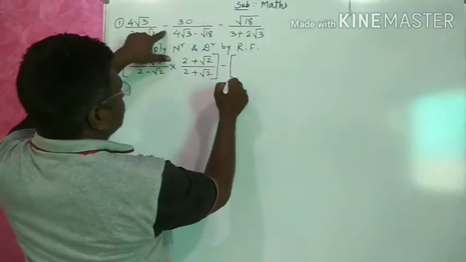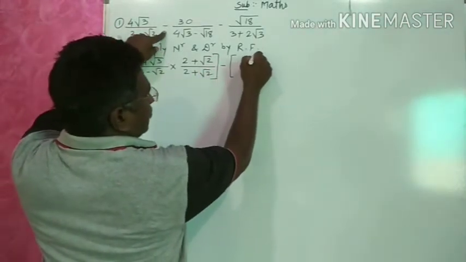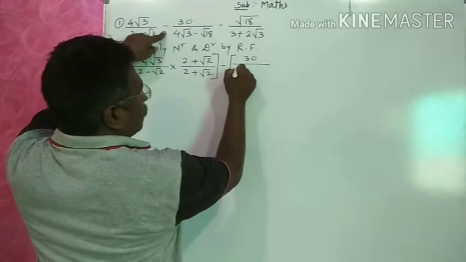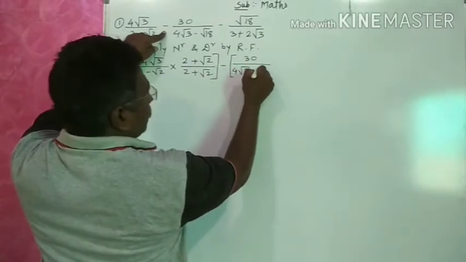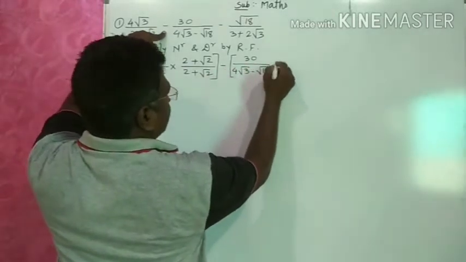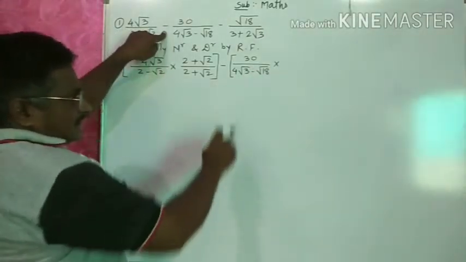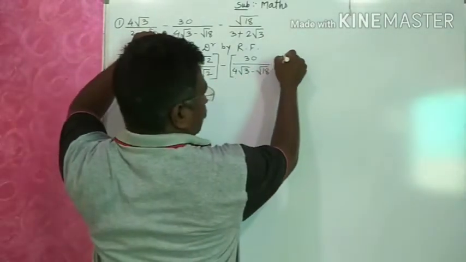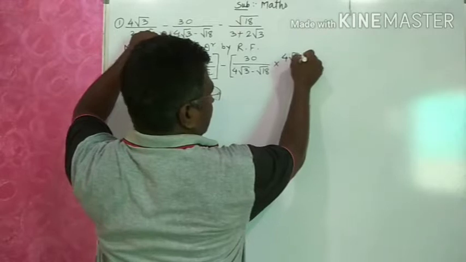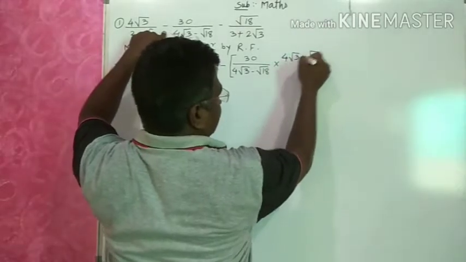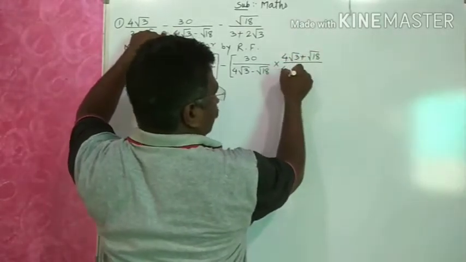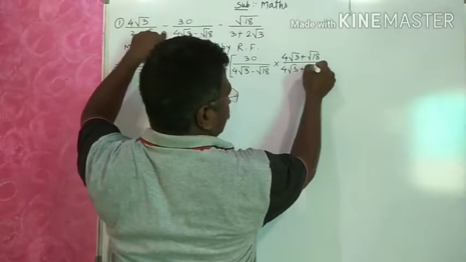Minus second term: 30 by 4 root 3 minus root 18, into the rationalizing factor of this, 4 root 3 plus root 18 by 4 root 3 plus root 18.